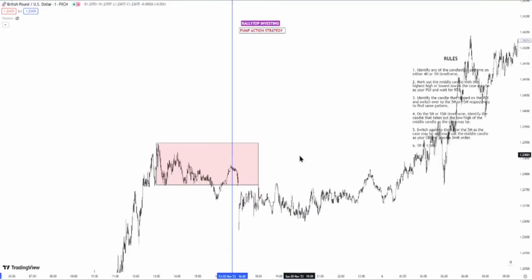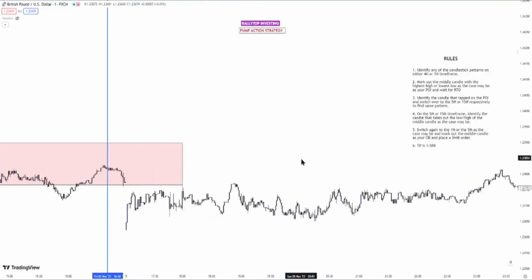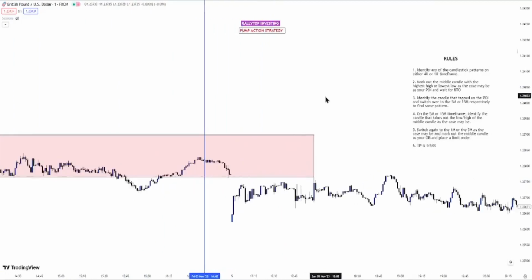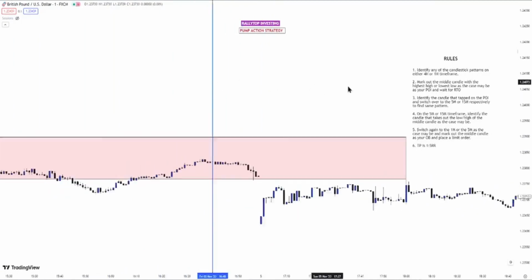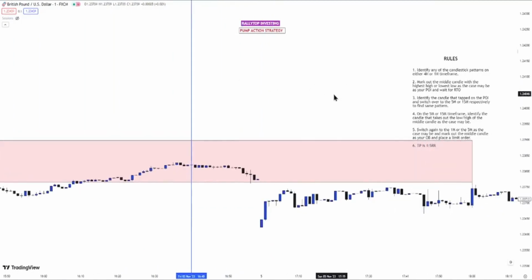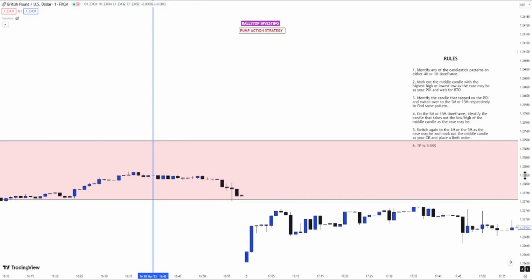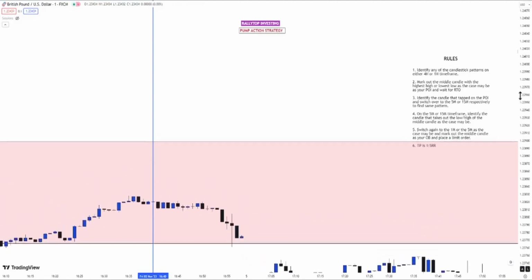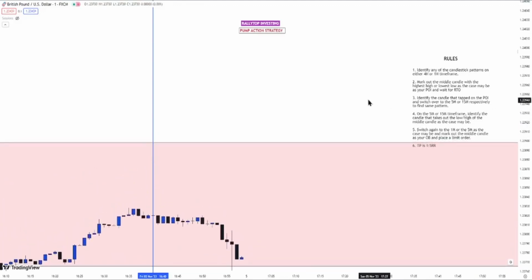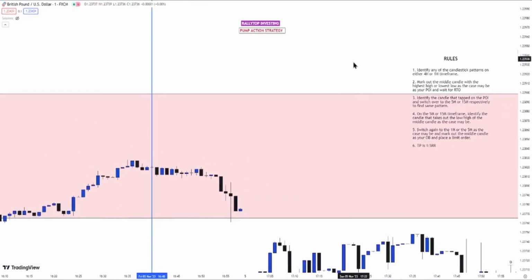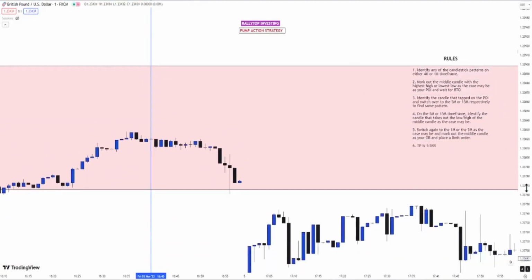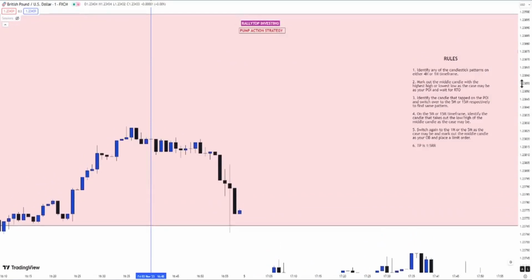On the right hand side of this vertical line, we want to start looking for opportunities to go short here. Let's see whether we'll have any opportunity to go short, until we find where price taps back into this point of interest. All right. So let's see.